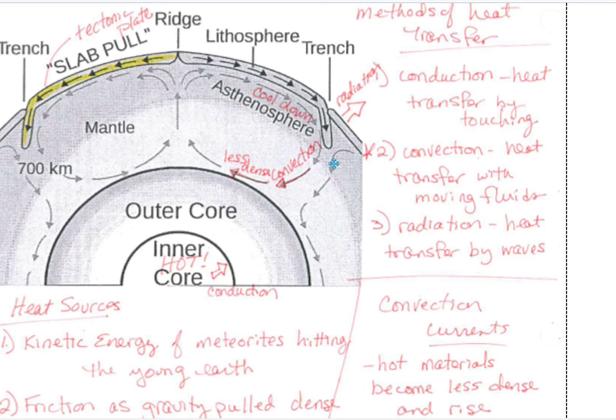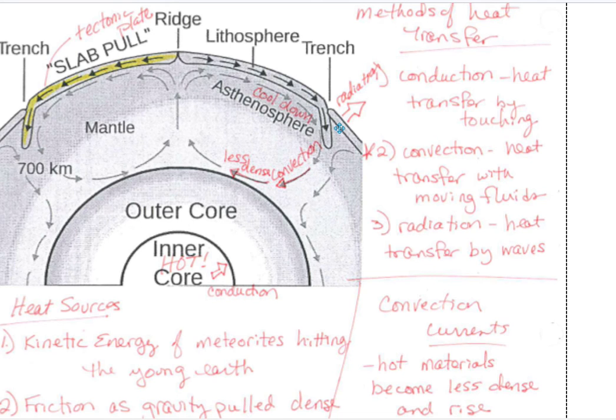So let's talk about these convection currents down here. It boils down to hot materials, and this is hot right here, become less dense. They want to move faster, they want to move farther, and they rise up. When they reach the top, though, they're losing heat by radiation, and so the part of the rock cools down. The particles start moving slower and closer together.